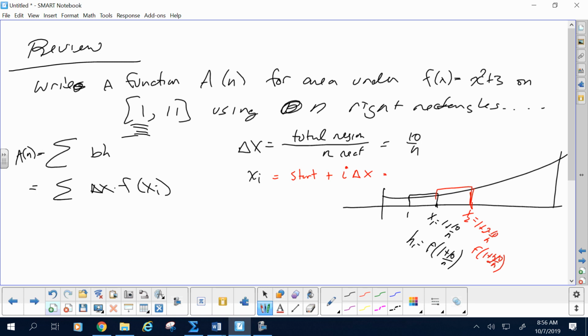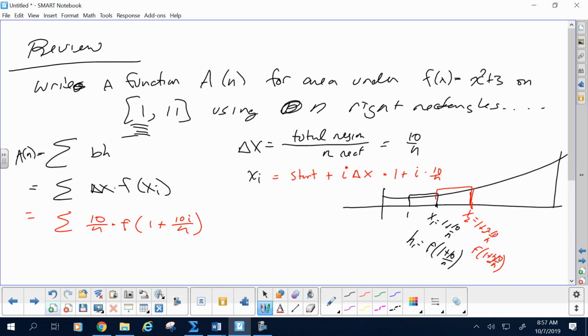In this case then, what's the starting value? 1, and each delta x is 10 over n. So I could say that the area is something like 10 over n times the function at 1 plus 10i over n, to represent different x's at which you're drawing heights.